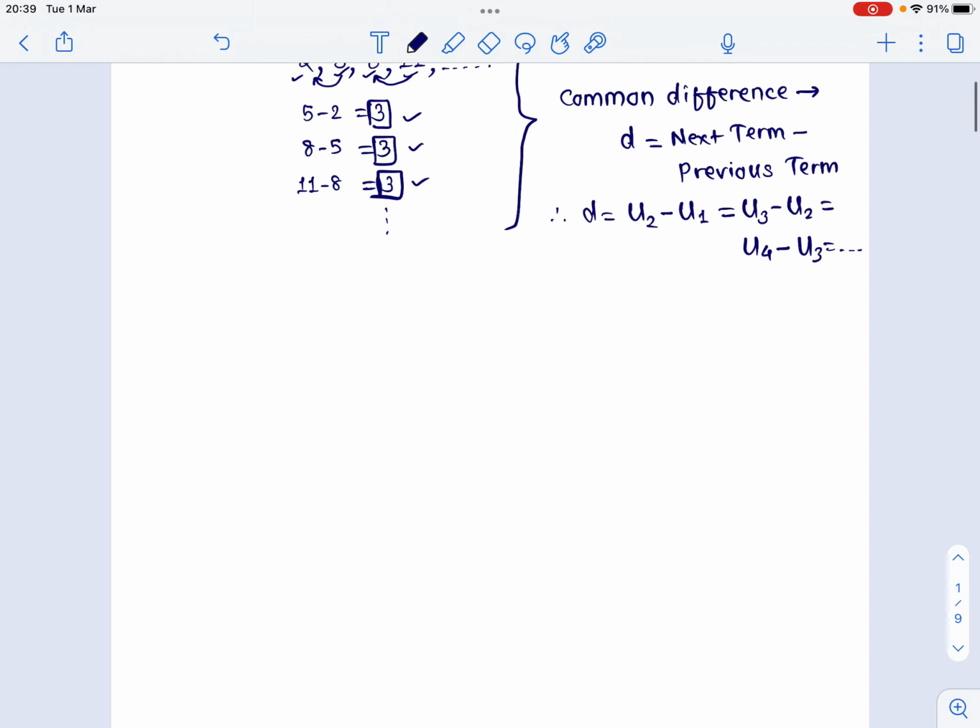So to find any term, we use the formula un, where u stands for a term and n stands for the nth term, is equal to u1, that is the first term, plus n minus 1 in brackets times d. This formula is given in your formula booklet, so you don't need to remember this.